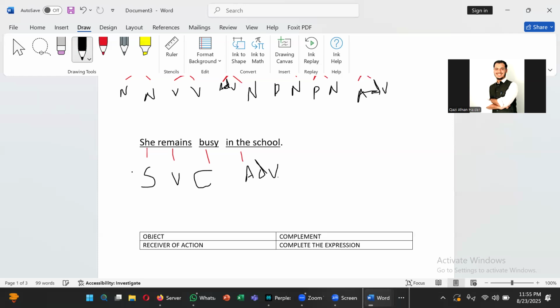Now, see, guys, we have the second step, that is phrase. Noun phrase, verb phrase, adjective phrase, and preposition phrase. How? Now you can see. Here she is used in place of a noun, so it is called noun phrase. Remain is verb, so it is called verb phrase.